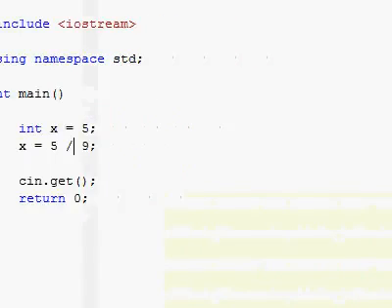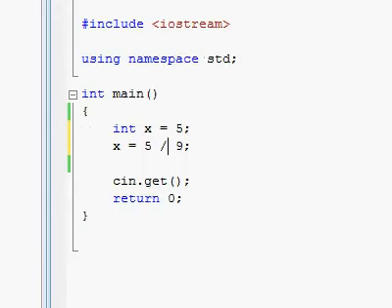You would read it like you would read any normal calculation: 5 divided by 9, or 5 times 9. By the way, the multiplication operator is the asterisk. It's not what you usually see, the X or something. It's the asterisk symbol. And the division operator is the / symbol.